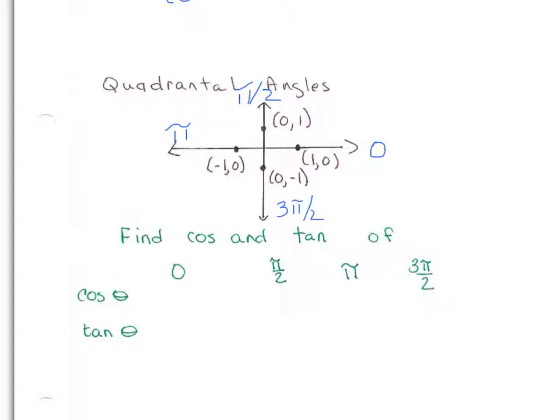If we wanted to find the cosine of 0, does cosine go with x or y? Cosine is x. So the cosine of 0 is 1. What's the tangent of 0? Tangent is y over x.